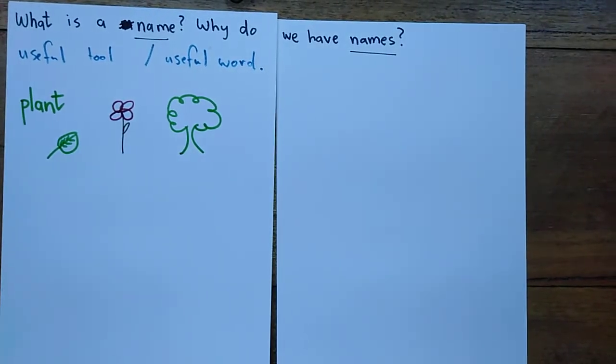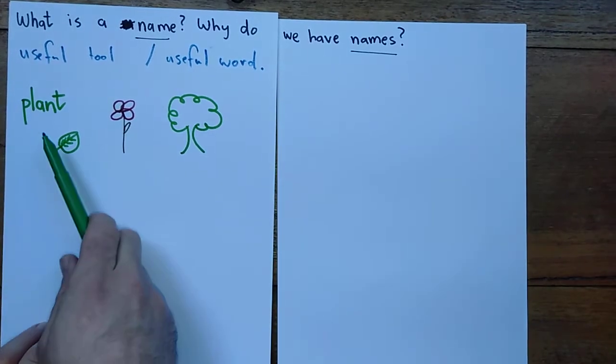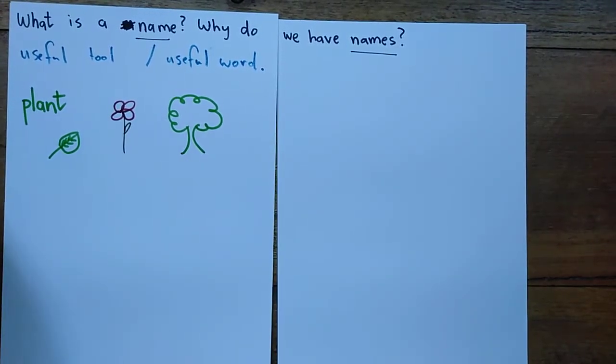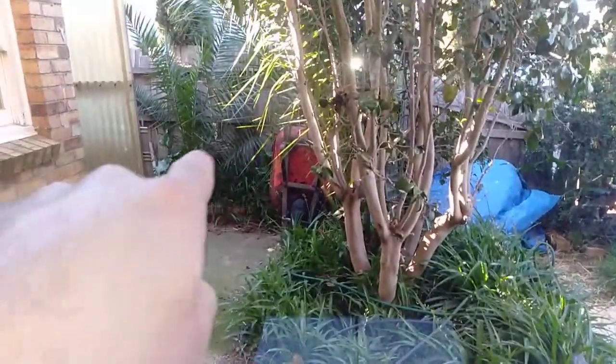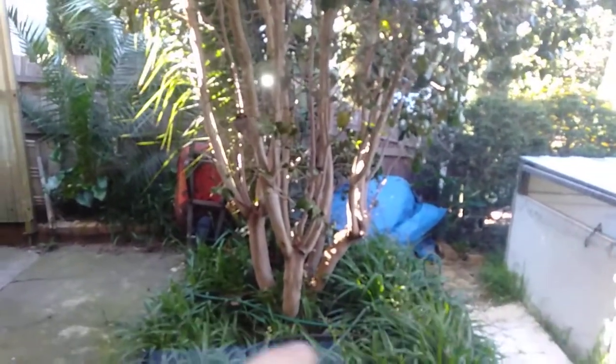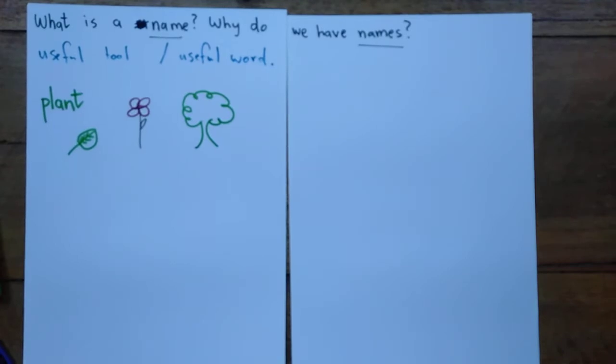Any of these things are related to the word plant. There are other words we could use to describe these things, but the word plant does describe them. Similarly, when I say the word plant, you might think of this thing over here, or this tree, or these bushes that are around here, or this bush over there. All those things are described by the word plant.